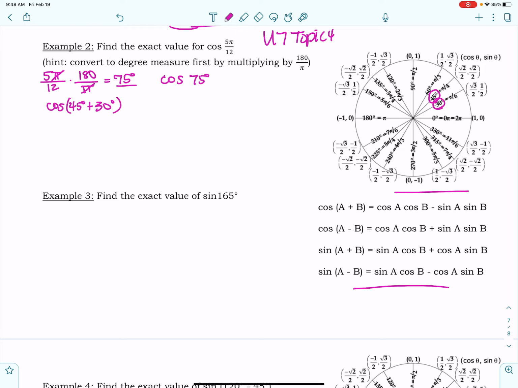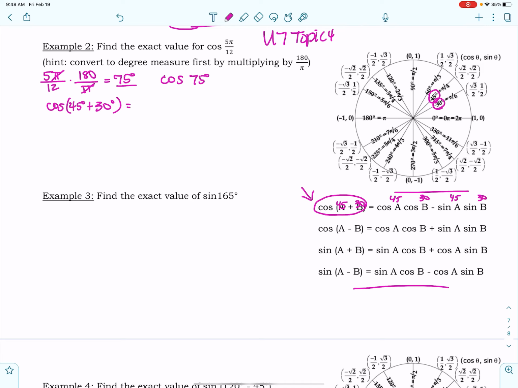And so I'm going to visit my sum and difference identities here. That is cosine of A plus B because I'm adding two values. So I can look at this as cosine of 45 and 30.